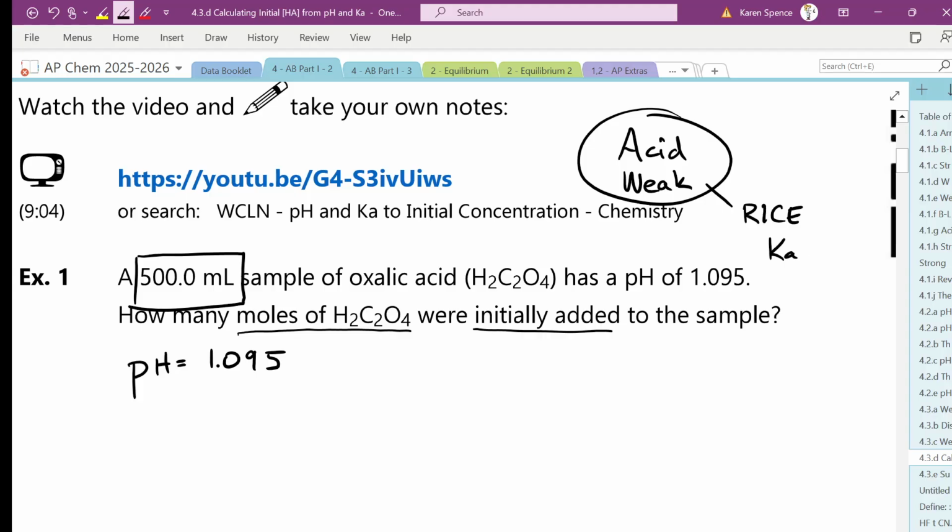And quite frankly, even if you don't know what to do with a question like this, you can say, I have a weak acid, I should draw a RICE table. Hence, you get at least 0.5 marks. You might not fill it in correctly, but you're getting 0.5 marks because you've written a reaction. If you're like, oh, I've got a pH, oh, dang, what do I do with that?